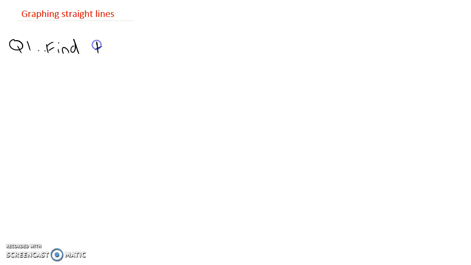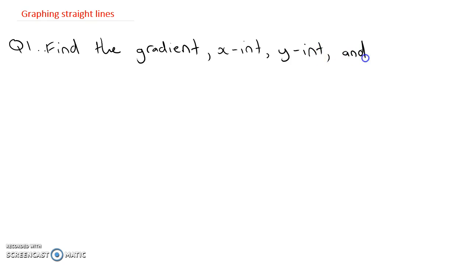Find the gradient, x-intercept, y-intercept, and sketch 2x plus 3y equals 3.